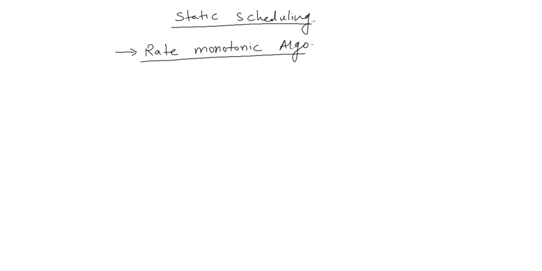Although there are some other algorithms with minor variations compared to rate monotonic, we will study rate monotonic, which is the most widely used. Here, as we are talking about static priority, we assume that there is no shared resource.